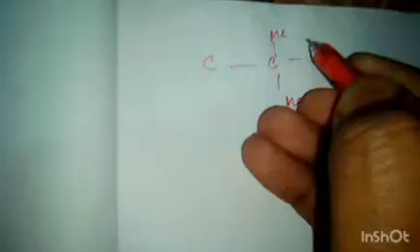So the structure would be: three methyl groups attached to one carbon, and in this carbon there will be one OH. There will again be a methyl group attached, because there were two methyl groups, one has rearranged here, so one will be left here. A carbocation is formed here.